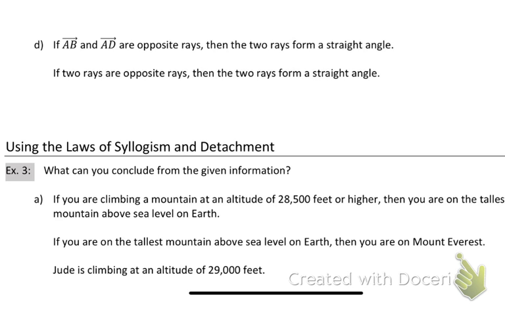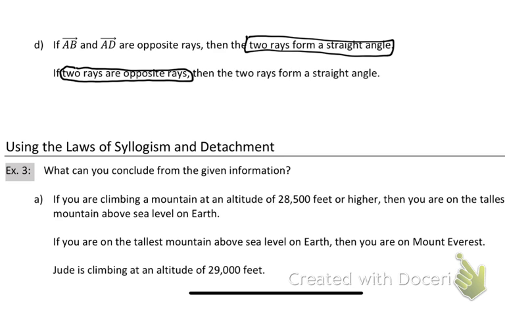All right, so it says if AB and AD are opposite rays, so they're both rays, then the two rays form a straight angle. Now remember, our job is to look at the next hypothesis. The next hypothesis is two rays are opposite rays. Does this say opposite rays?